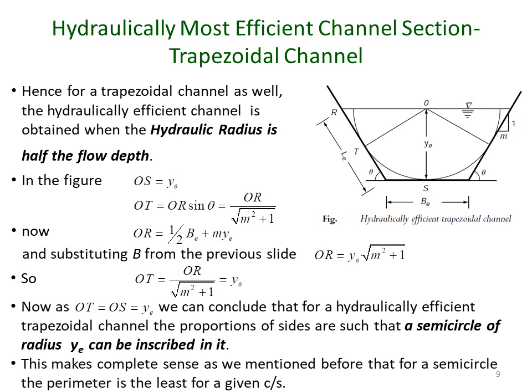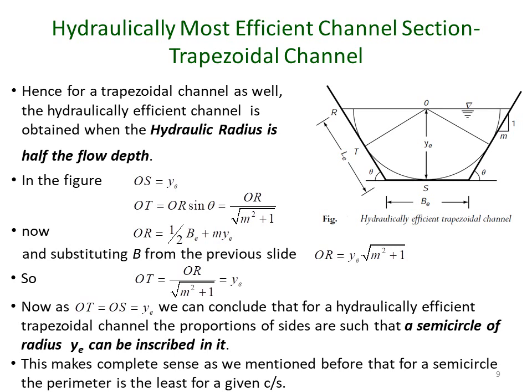We can do this calculation for the other side of the trapezium as well. But most importantly, it means that a semicircle can be inscribed inside the trapezium with a radius of YE. So for the hydraulically most efficient trapezoidal section, a semicircle can be inscribed inside that section with a radius of YE.